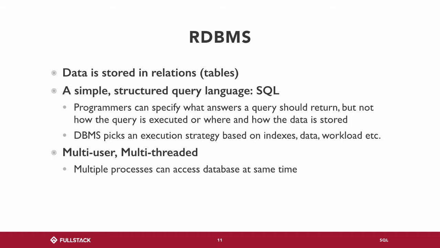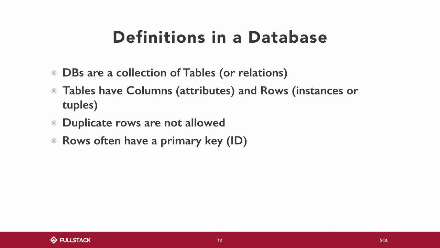So when we think about definitions of a database, we're thinking about a collection of tables. Another word for that is relations. Tables have columns. Another word for that is attributes. And when we insert a record into a table, that's going to be a row. Another word for that is an instance or a tuple.